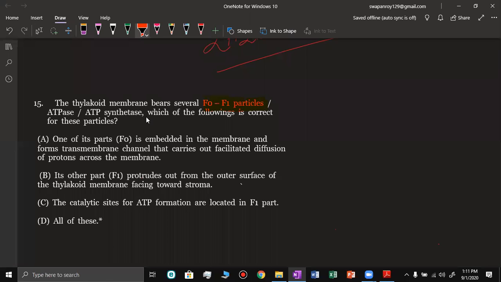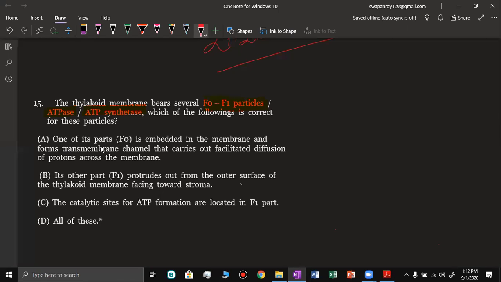This F0, F1 particle is also known as the ATPase or ATP synthetase. It is a synonym of the F0, F1 particle. Which of the following is correct for this particle?